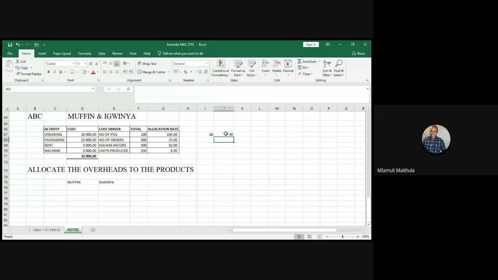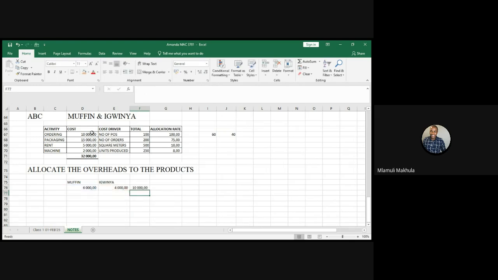In order for us to allocate that 10,000, we will say 60 divided by 100 times 10,000, and then 40 divided by 100 times 10,000. And what is our total? Our total is 10,000, which is the same as that one. Can you see that?